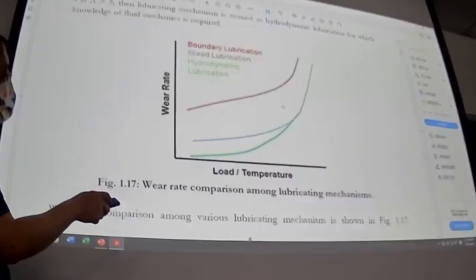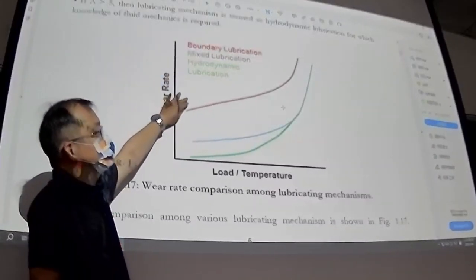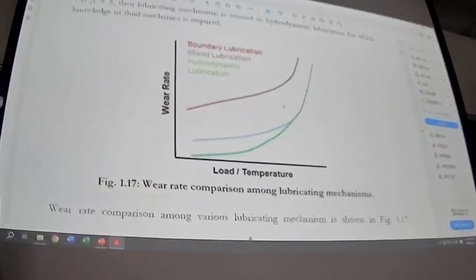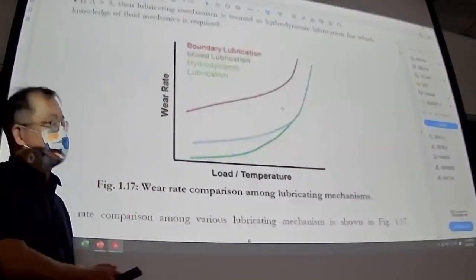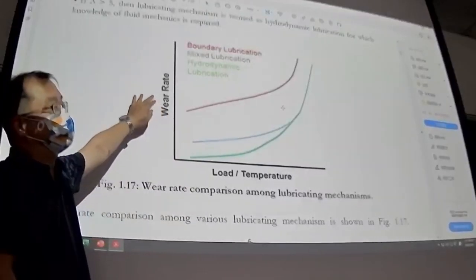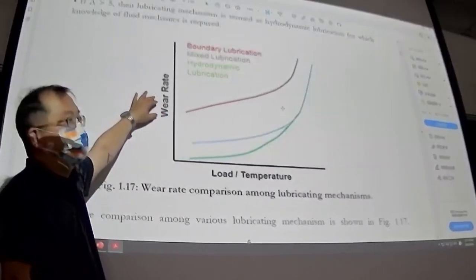Because for boundary lubrication, you have a very small lambda value, so most of the surfaces are in contact. Therefore, the coefficient of friction is high, so you have a higher wear rate.